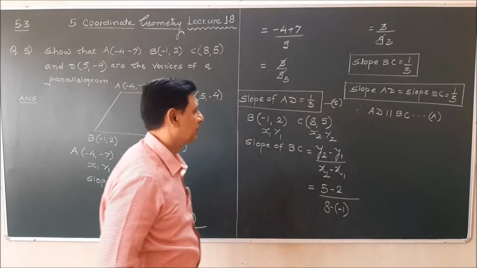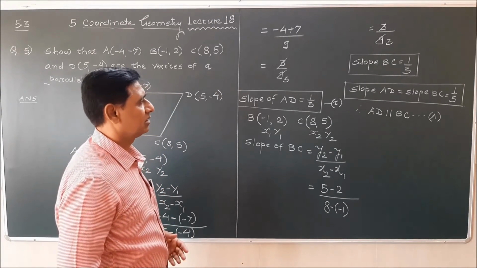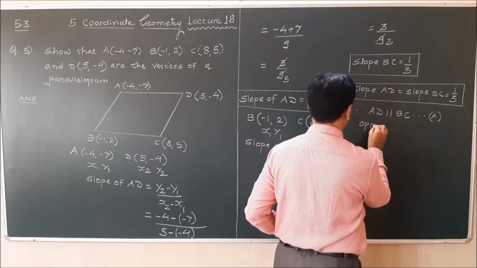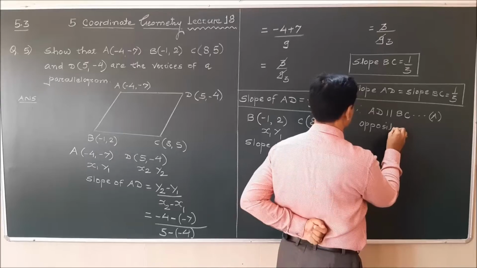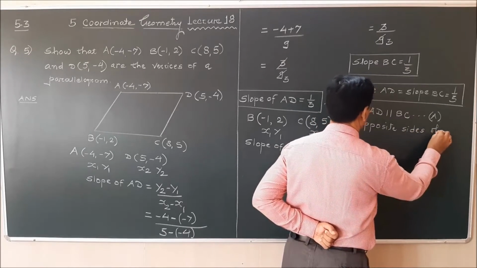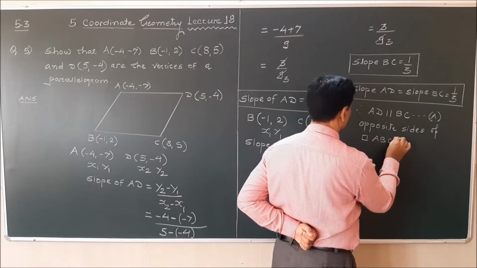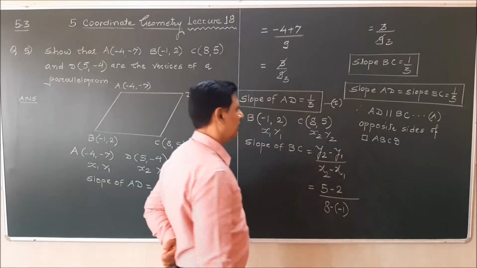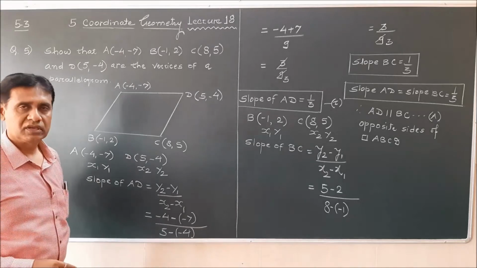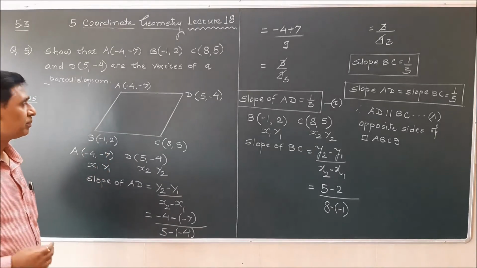Now in the same manner, these are the opposite sides of quadrilateral ABCD. Very important to note. So AD is parallel to BC, since slope of AD is equal to slope of BC, and we got it as 1 upon 3.